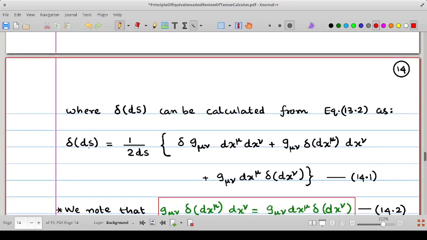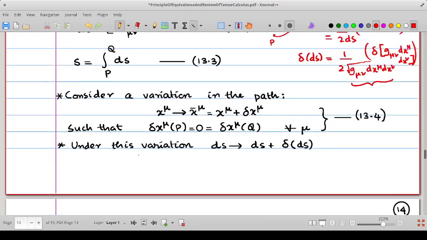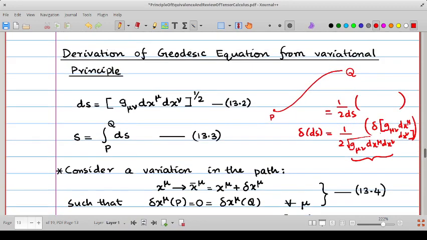So delta of ds is equal to 1 by 2 ds, as I have written here, and the variation in this quantity. Now this is a product of three terms, g mu nu, dx mu, dx nu, all of which change as the coordinates are transformed by or changed by equation 13.4. So this will be computed using the product rule.